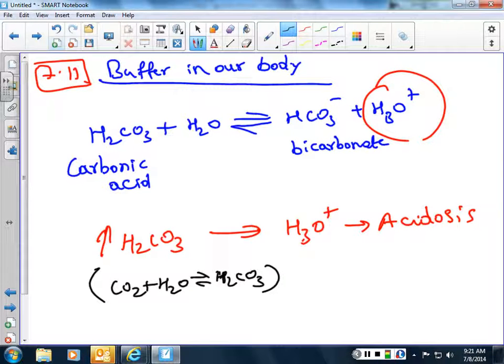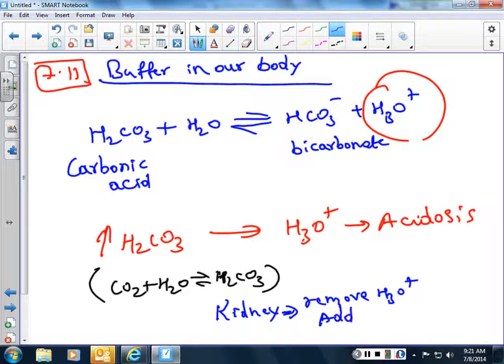So in acidosis, what do kidneys do? Kidneys remove H3O plus and they add HCO3 minus.